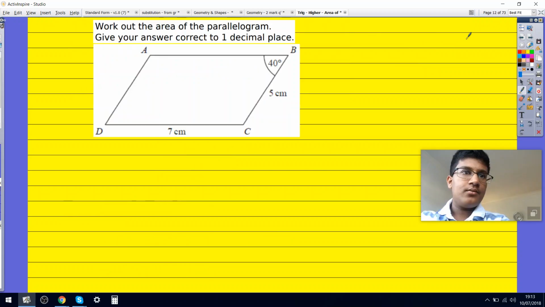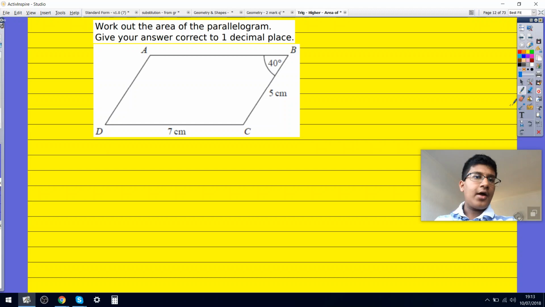How about this one? Area of a parallelogram, again to 1 dp. If we split this parallelogram in half along the line DB, we get 2 triangles.